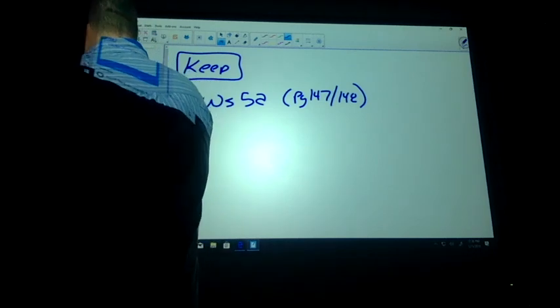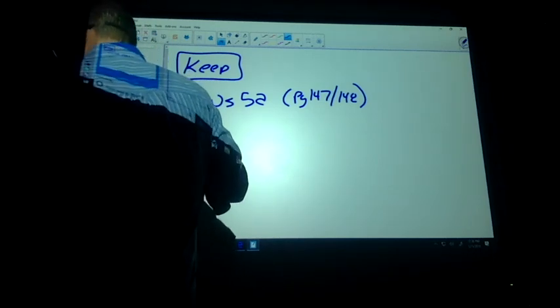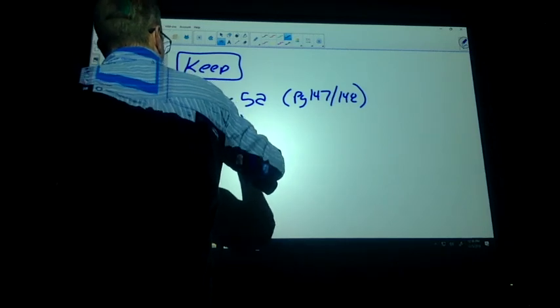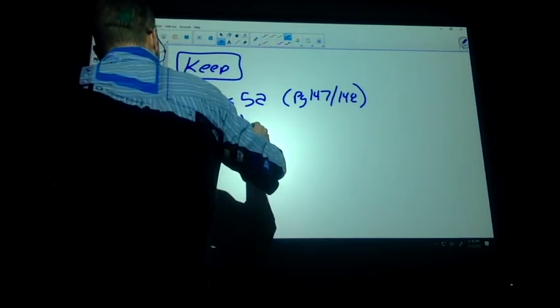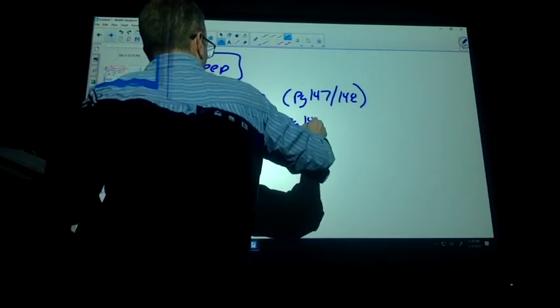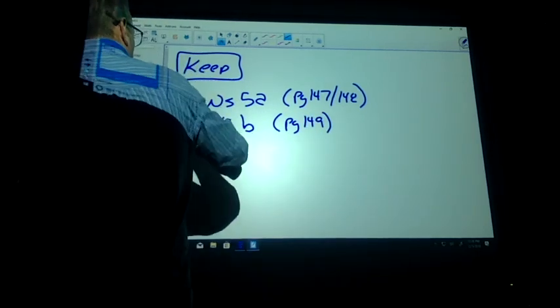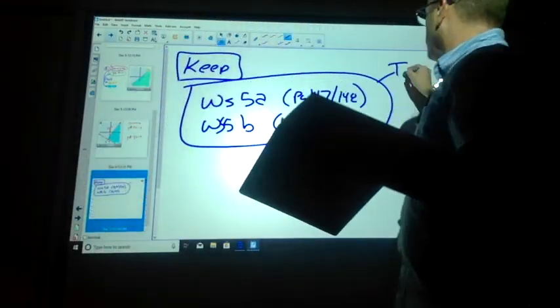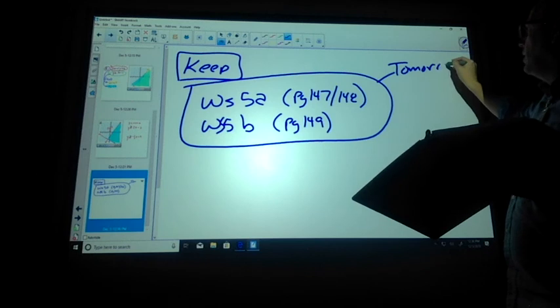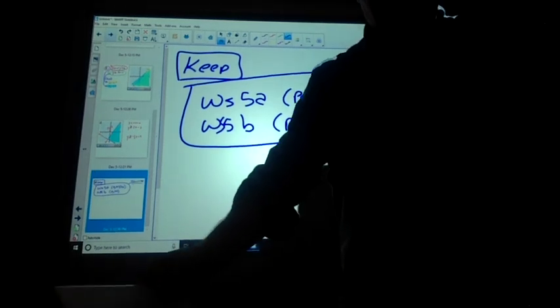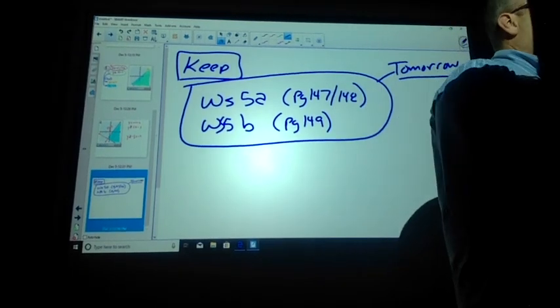But then I'd also like you to work on worksheet 5B, which is on page 149 only. Okay? So can we keep 148? Yeah, hold on. I will collect both of these tomorrow. Sound like a deal? That way you can utilize it as notes, and you can work on page 149. Good to go?